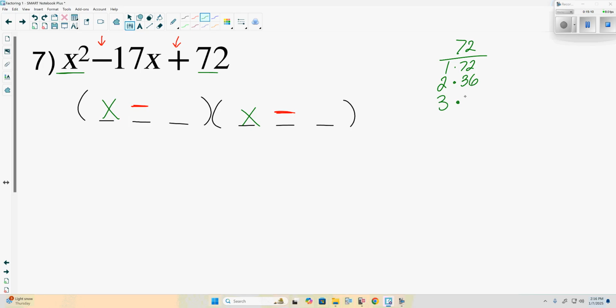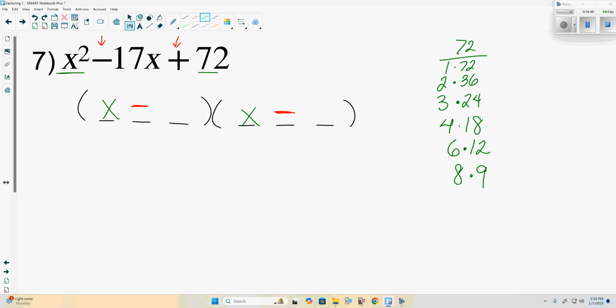So we have 3 and 24. 4 and 18. No 5 because it's not a 0 or 5. 6 times 12. 8 and 9. And that's it, because that's all the factors.